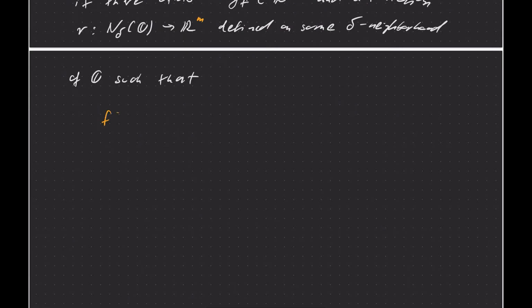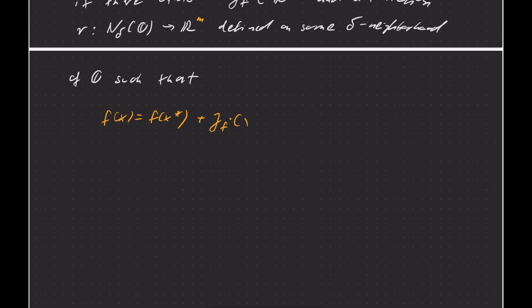Well, again, f of x is the same as f of x star plus the linear approximation, and now we're taking this matrix JF to do the linear approximation.